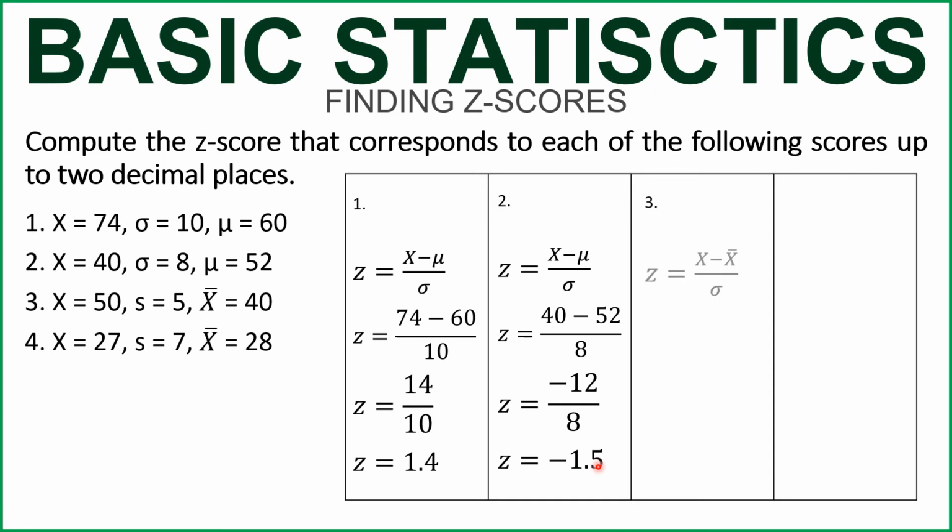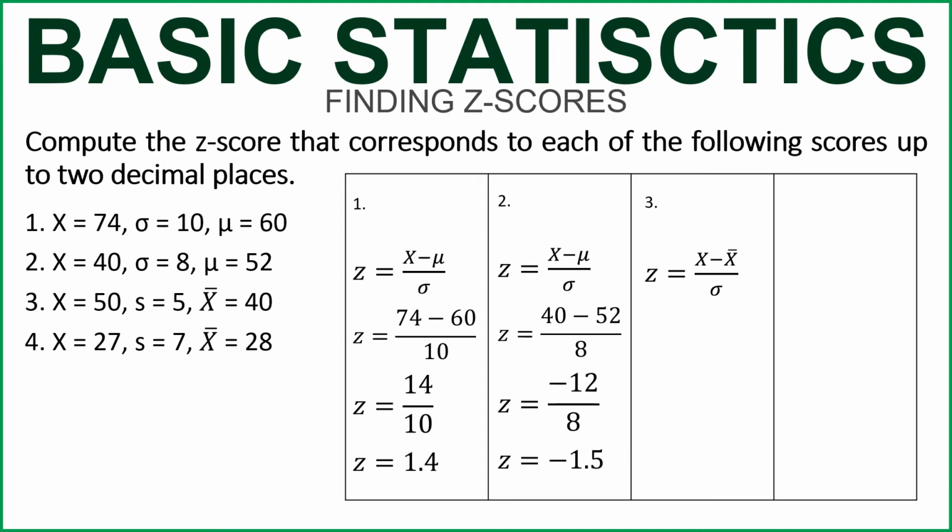Number 3, this time we're going to use x minus x bar all over sigma because we're dealing with sample data, dahil x bar yung given natin and standard deviation. So, mali yung formula na nalagay natin.